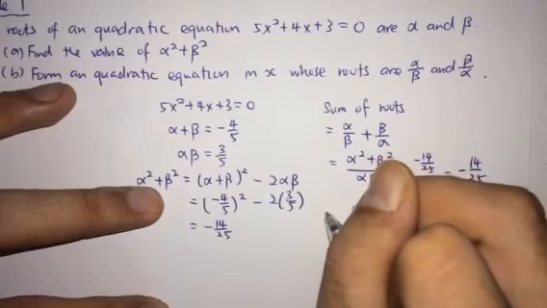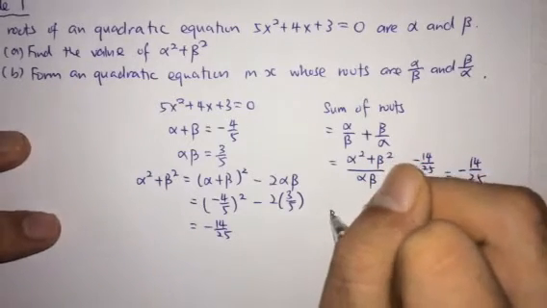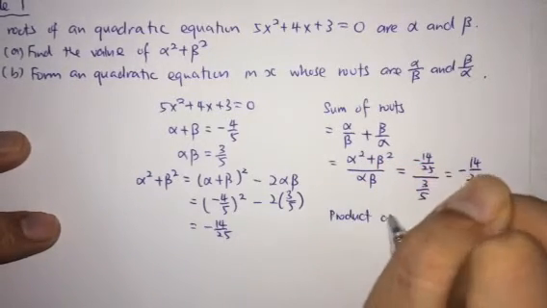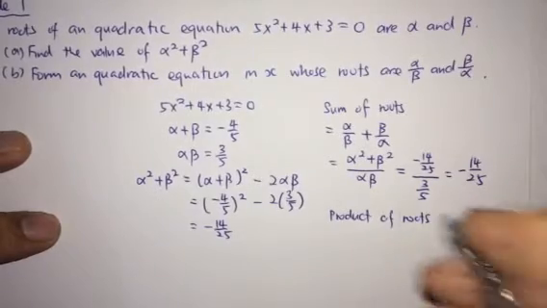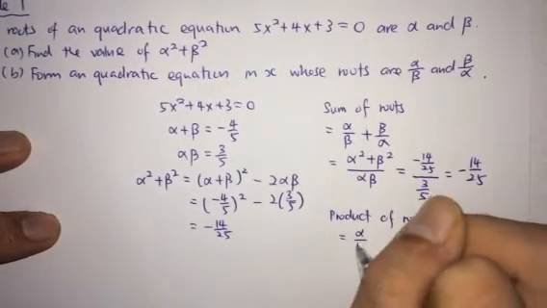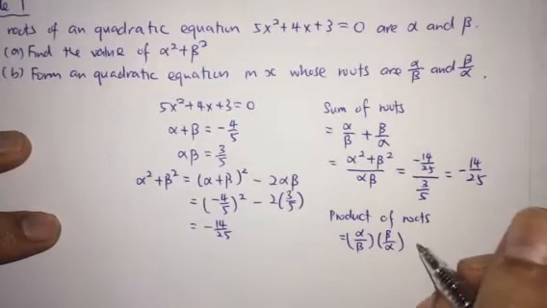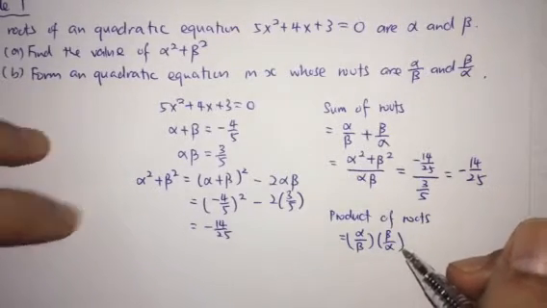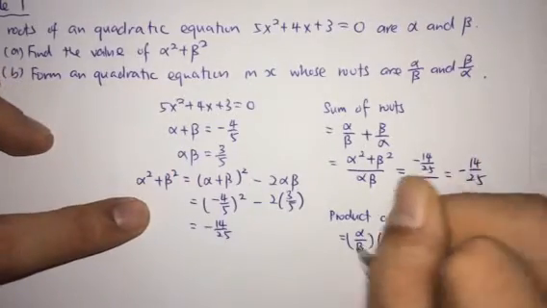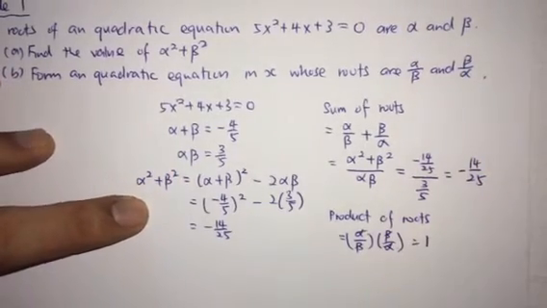Now we proceed to find the product of roots, which is alpha over beta multiplied by beta over alpha. In this situation, we do not need any values from here. We can just cancel everything and we will get 1.